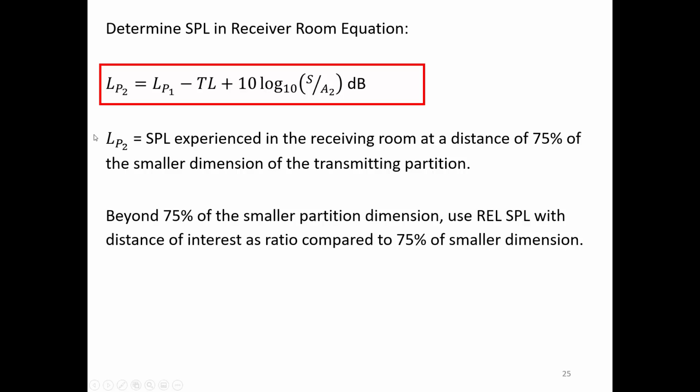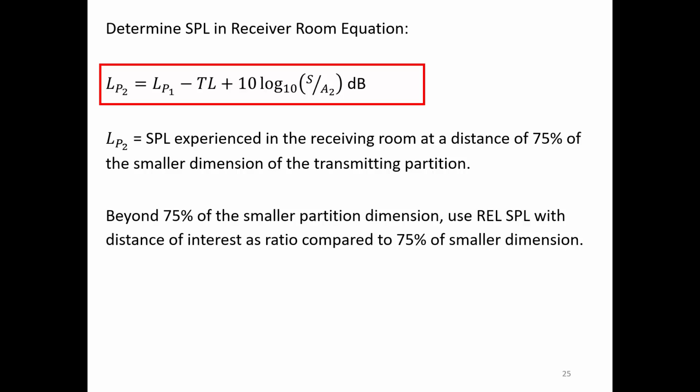The thing I wanted to say is that one of the other methods goes into more detail. Think about it like this: when you're close to the wall, it's like a plane wave. As you move a little bit further away, you start to go more into a line source, and then finally it becomes a point source.